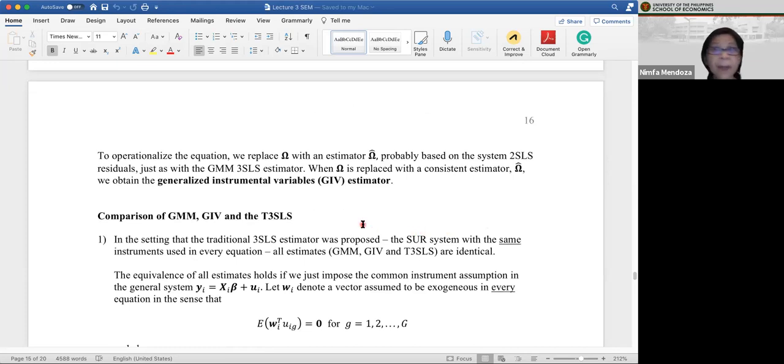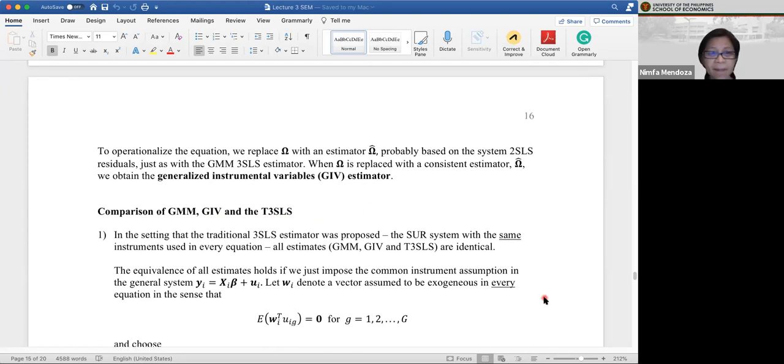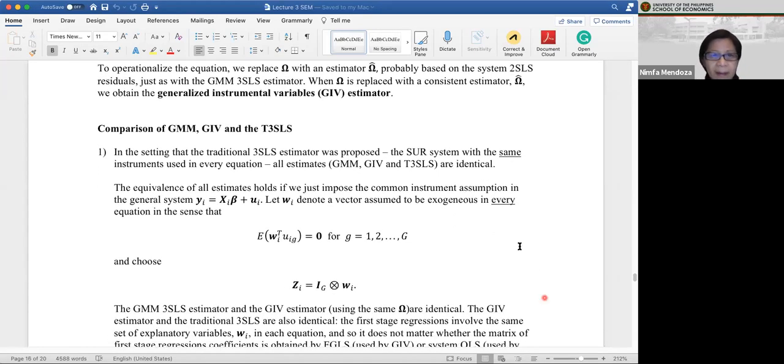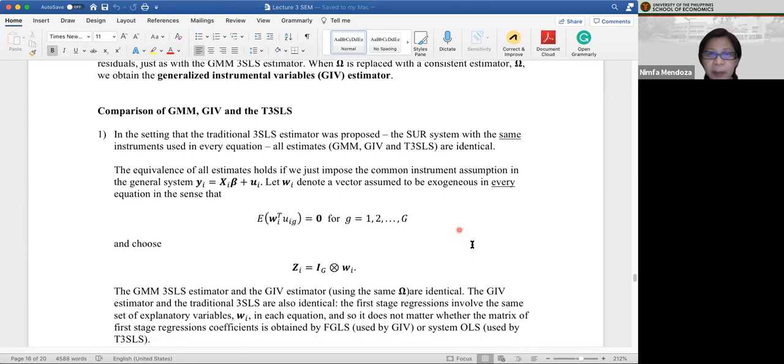Okay. Now let us compare the GMM, Generalized Method of Moments estimator, the generalized IV estimator, and the traditional three-stage least squares estimator. Note that all this GMM estimation is more recent compared to the traditional three-stage least squares estimator.